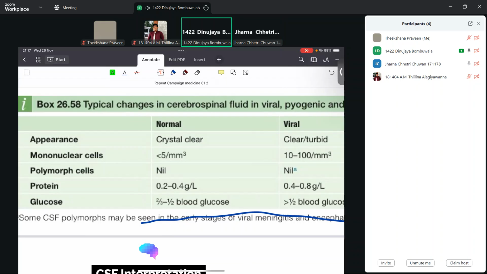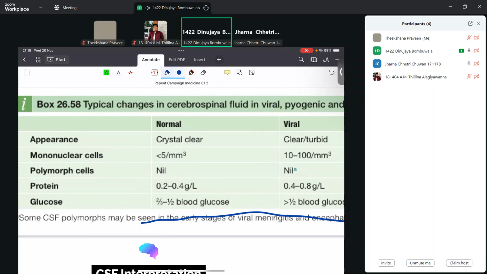The appearance will be clear, no? Or it can be a little bit cloudy. Mononuclear cells, lymphocytes, will be high, no? Yes, it usually increases. Polymorphs, I don't know.